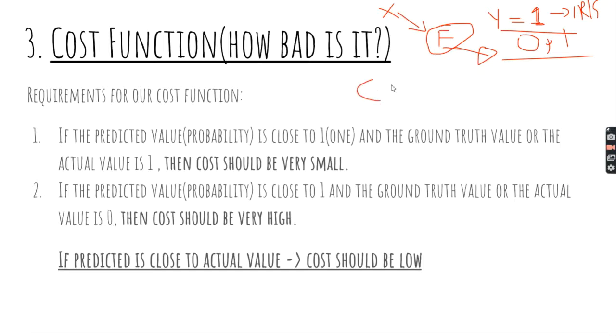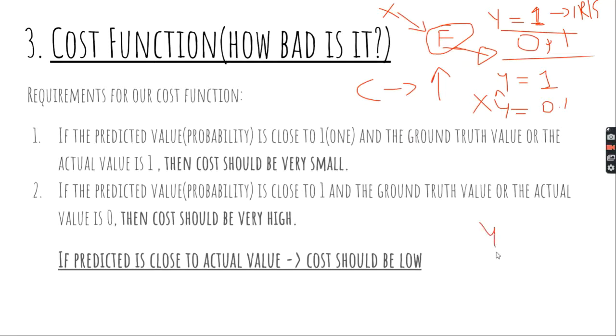So a good cost function should have a very high value if, let's say, we have an example where y should be equal to 1, the true value, but our model actually gives us a very small probability for that example. That means it's incorrect, so we need to penalize that instance, and that's why the cost should be very high.